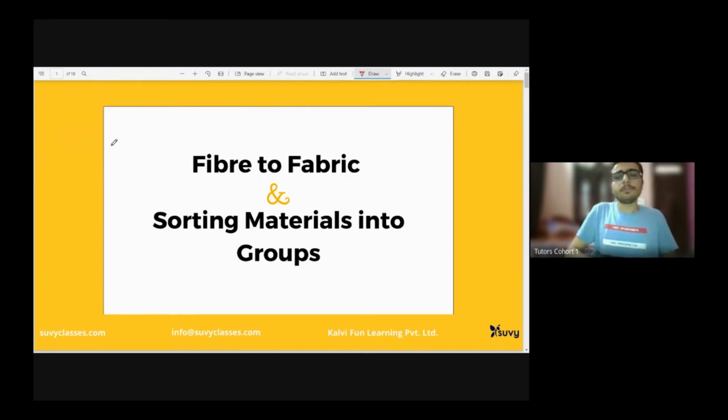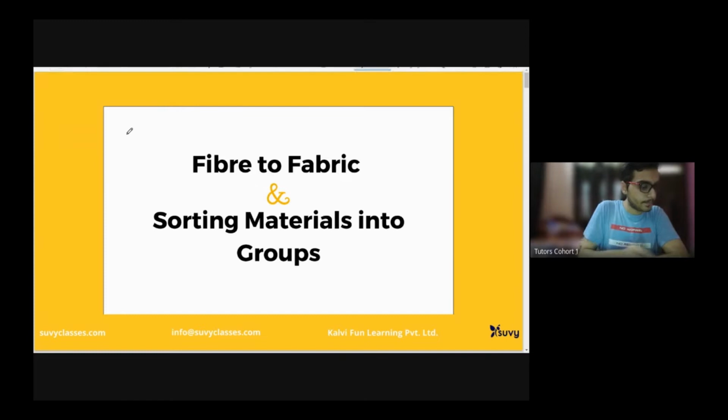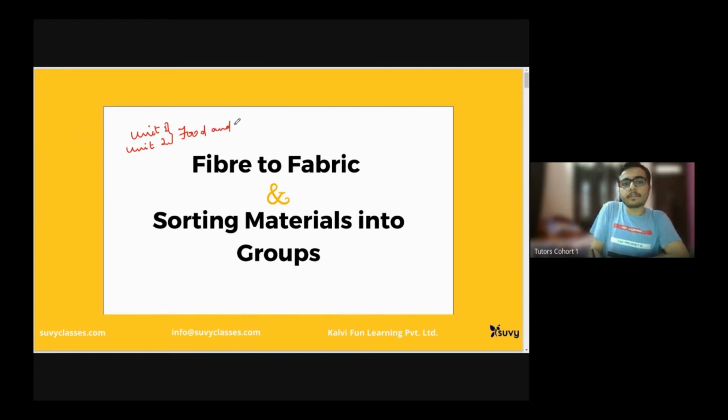So, children, if you remember, we have done unit 1 and unit 2 where we mainly discussed food and food habits. There we discussed various sources of food, be it plants or animals.